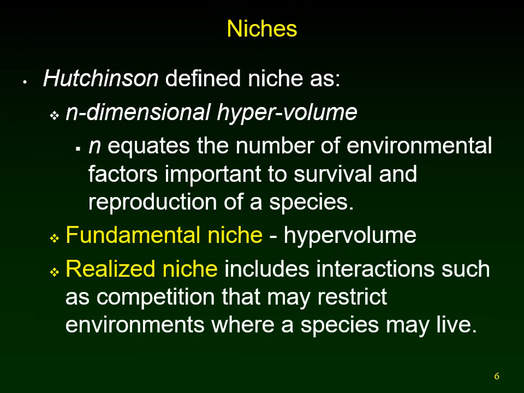However, because of competition with other species, or interactions with other species, predation, disease, competition, you might not be able to live in all the places you possibly could live.